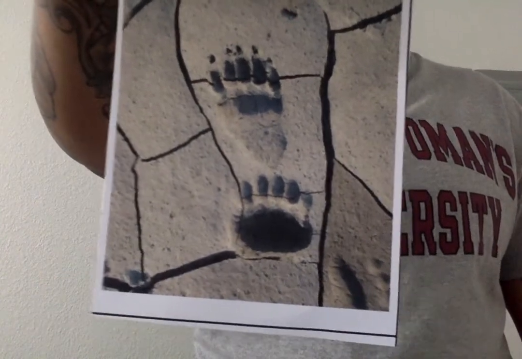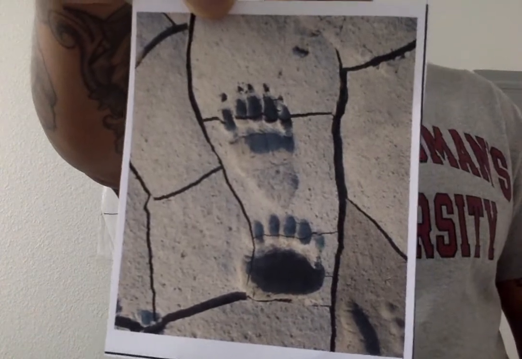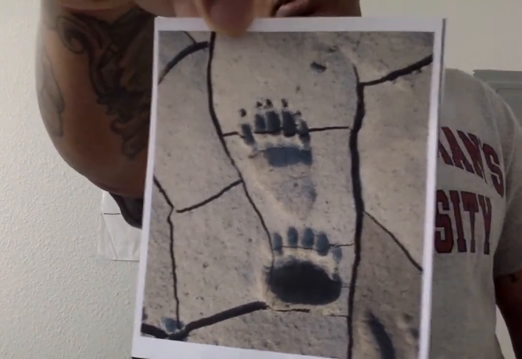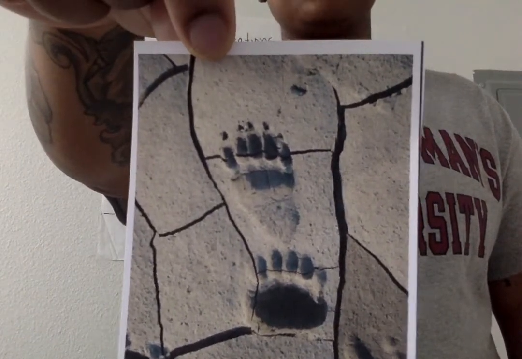So I want you to take some seconds to look at these feet, and try to figure out what kind of animal this is, or what kind of track this is.